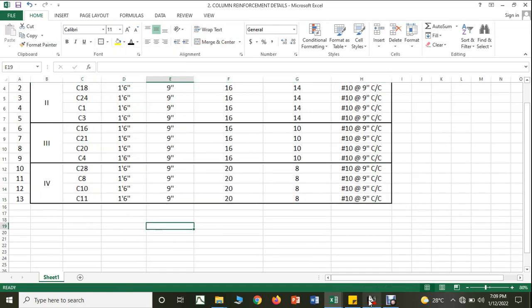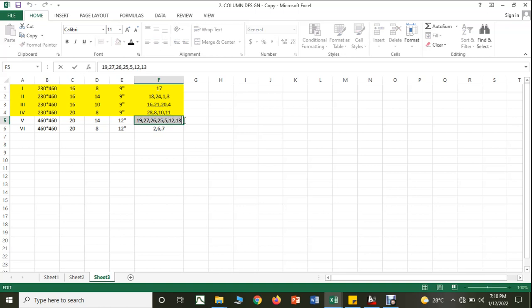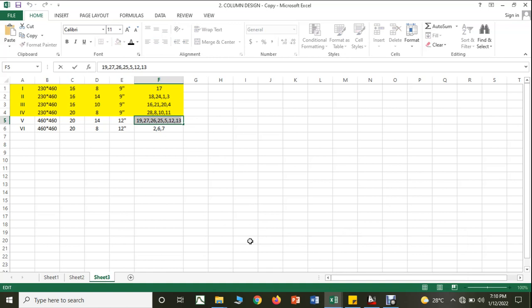Okay, so the next group that you can have is the fifth group. So these are the column numbers. Just write here, sorry.